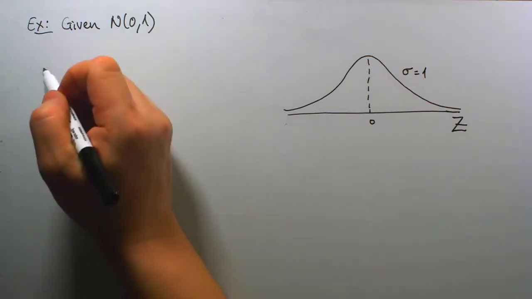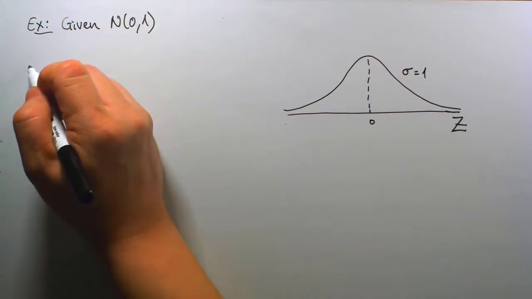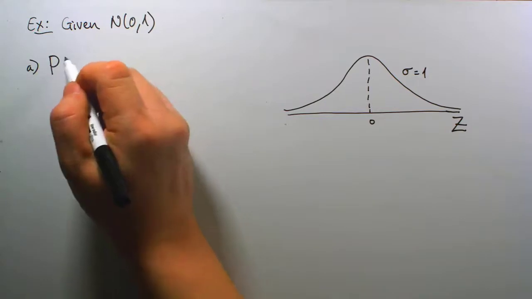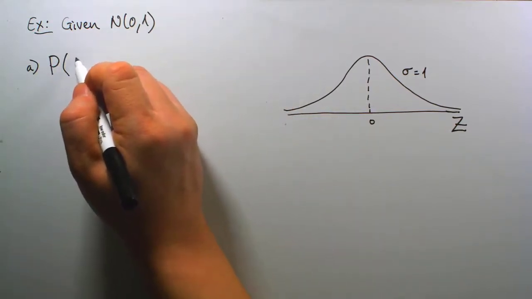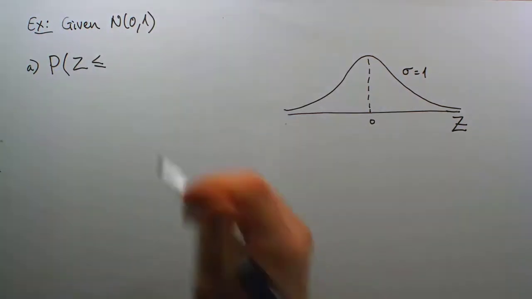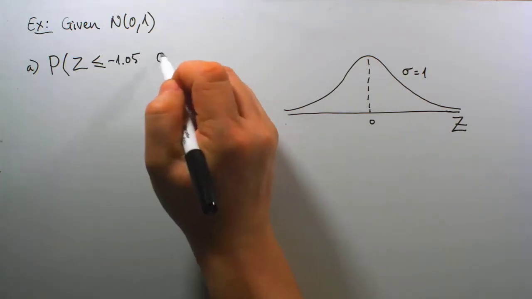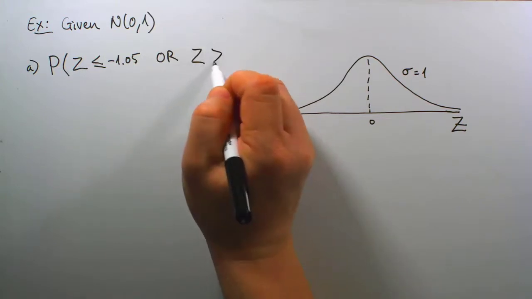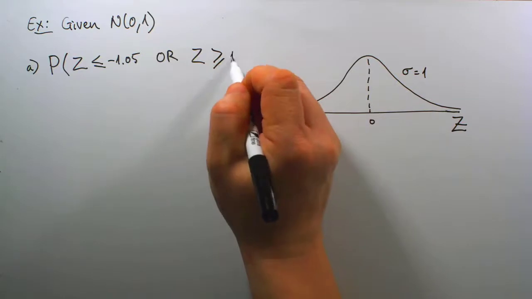And so now let's say, and we can call that part A, I want to find the probability that on this bell curve we have a z-score that is either less than or equal to negative 1.05 or a z-score that's greater than or equal to 1.25.